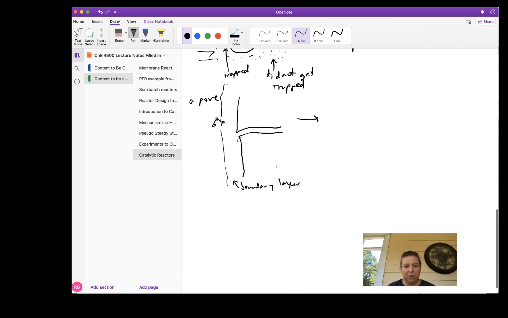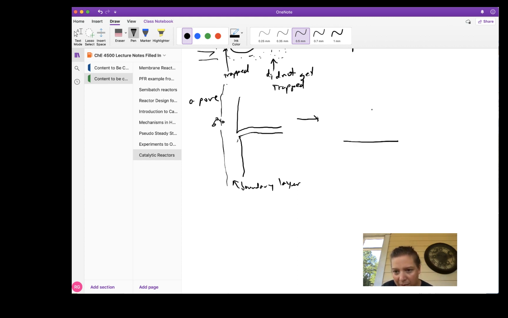So we know that this boundary layer is actually a stagnant film that surrounds the pellet. The only way for this molecule to get from the top of the boundary layer to the pellet surface is to diffuse. If it's going to react, it has to diffuse to the pore surface.